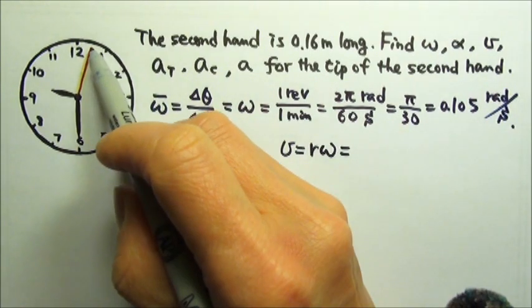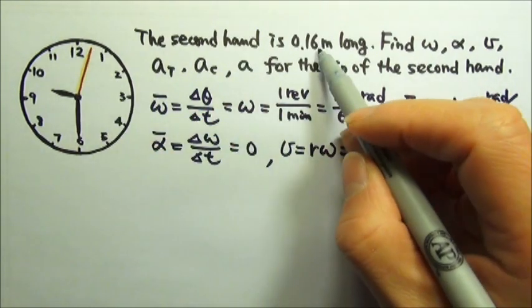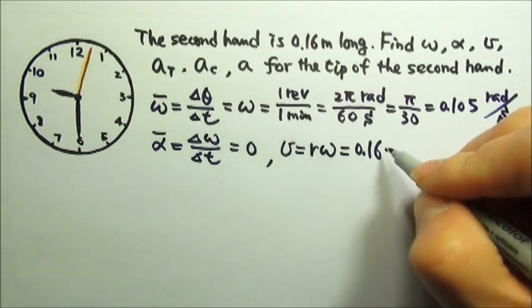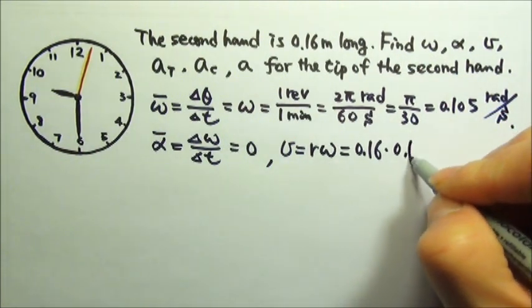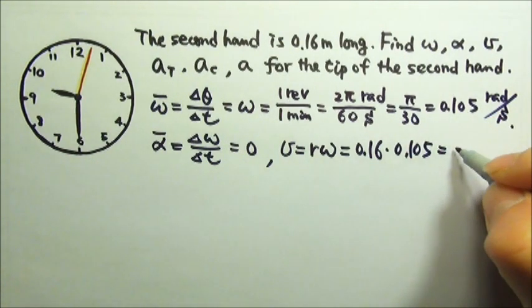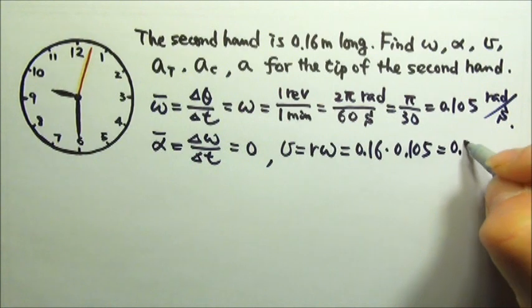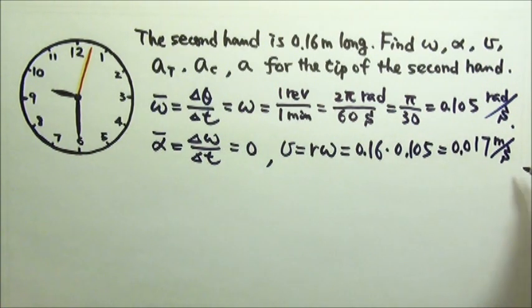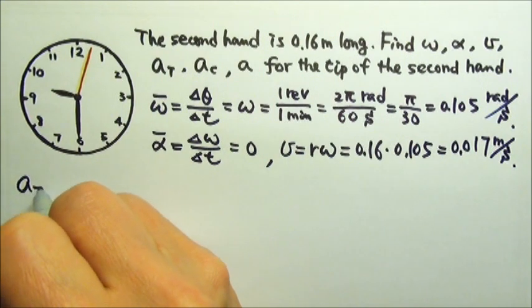For the tip of the second hand, the r is the length of the second hand, so it's 0.16. And the omega is 0.105. So we get the speed in standard unit, 0.017 meters per second.